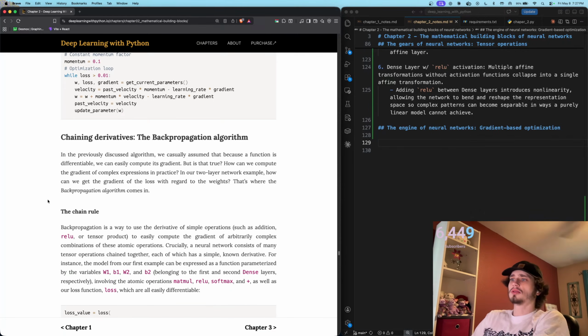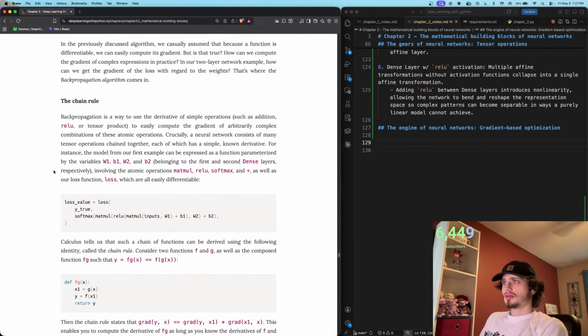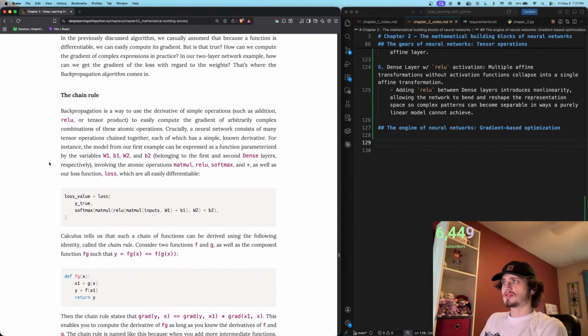The chain rule. Backpropagation is a way to use the derivative of simple operations such as addition, ReLU, or tensor product to easily compute the gradient of arbitrary complex combinations of these atomic operations. Crucially, a neural network consists of many tensor operations chained together, each of which has a simple known derivative.